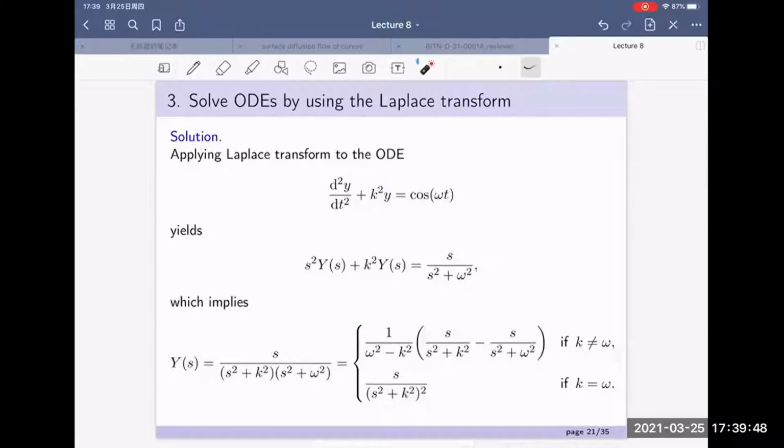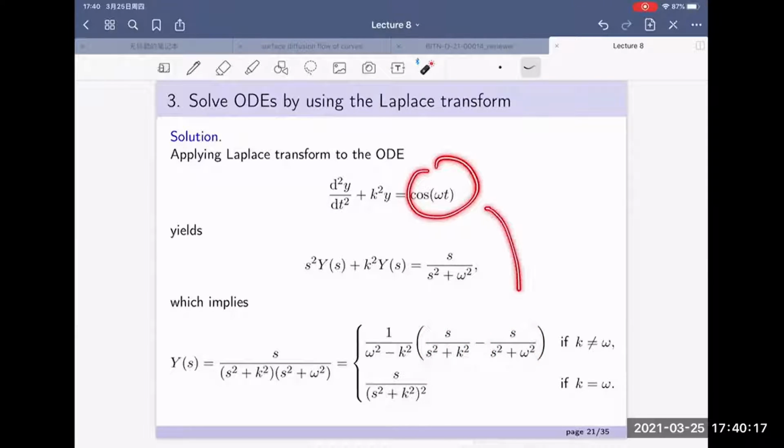If you apply the inverse Laplace transform to the first case, this gives you cosine kt. You see that the inverse Laplace transform of this is cosine omega t, right? If you replace omega by k, you get cosine kt. The second term gives you cosine omega t.